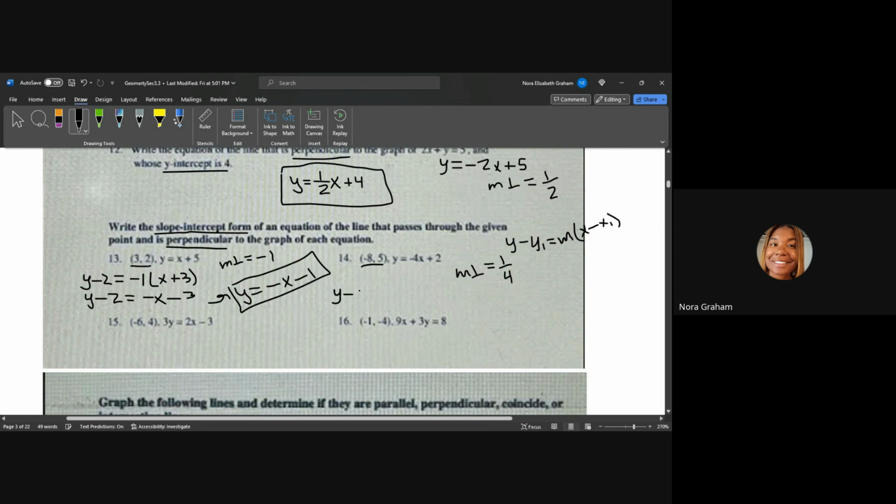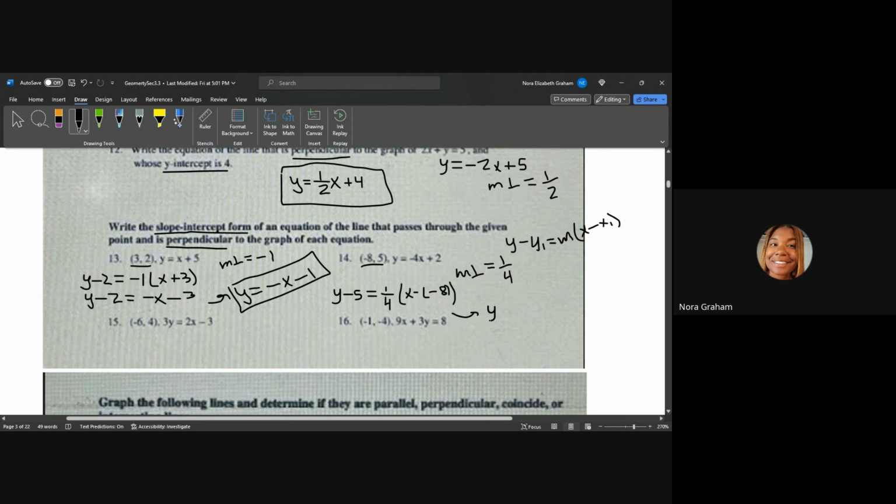Y minus 5 equals 1 over 4. In parentheses, x. And again, we have to account for that -8. Okay. Now I just simplify down by distributing that through.